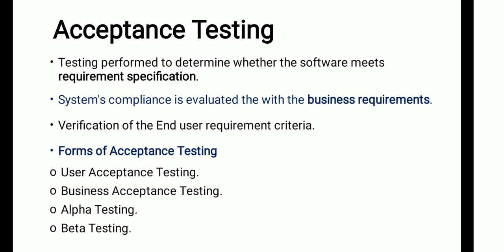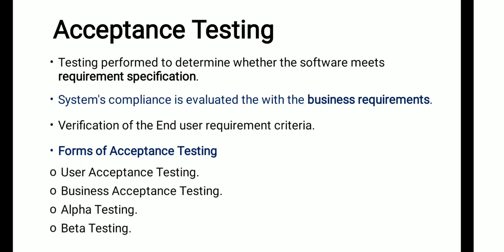Many of you might have heard about these topics: alpha testing, beta testing. Alpha testing is performed by the development team or the testing team, and beta testing is done on the client end or by the UAT people.